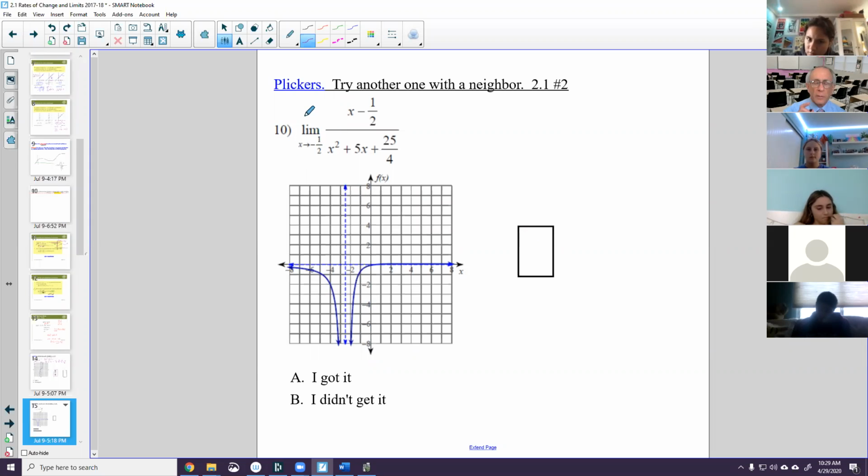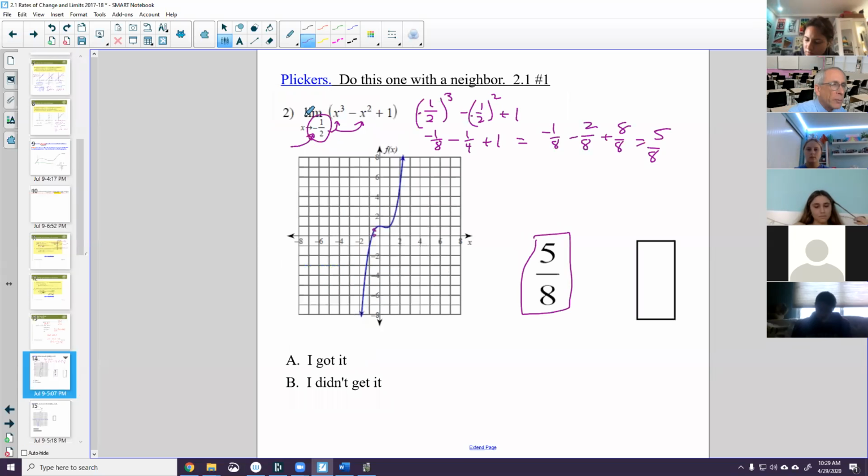Let me say one more thing. Maria and Mia too, when you're finding the limit like this, you don't need to write limit again. Once you make the substitution, then you're finding the number that is the limit. We don't need that limit there again. We'll get used to this notation, but I'm just saying that here.